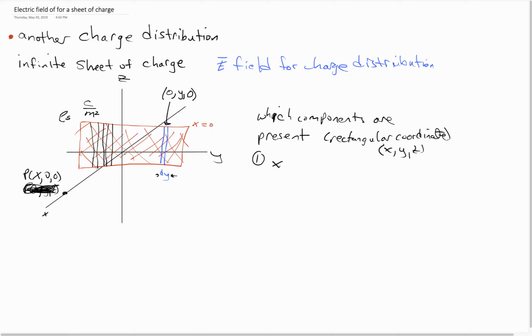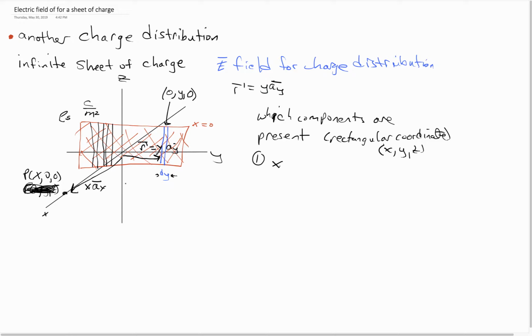And so now this vector to the charge, r prime, is equal to y ay. And then r, which is going out here, is going to be equal to x ax.